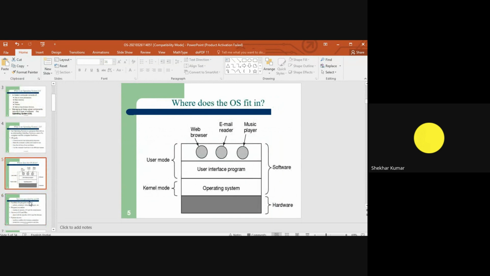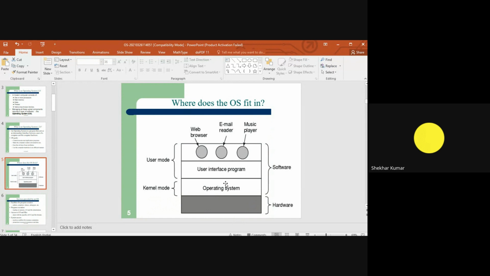This is where the operating system exists. These are your applications, application software, your web browser, email reader, music player. This is your operating system. And this is your hardware. We are here, connecting with the user interface programs with the help of the operating system.